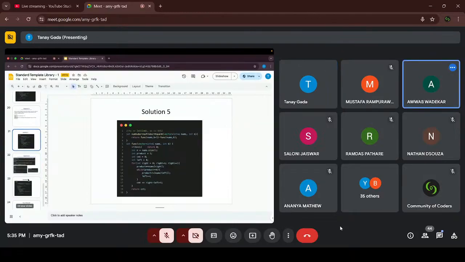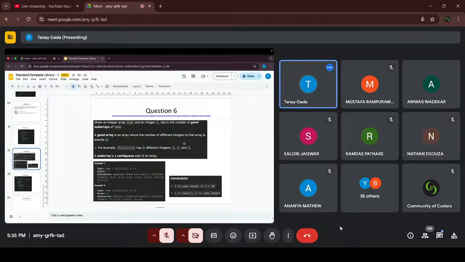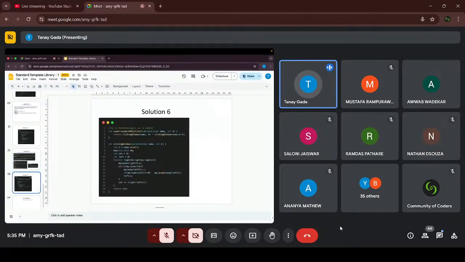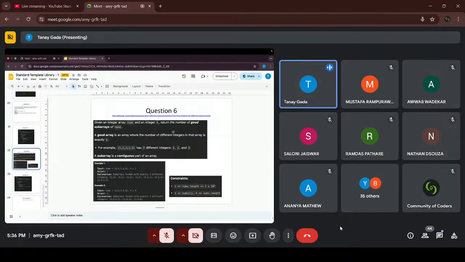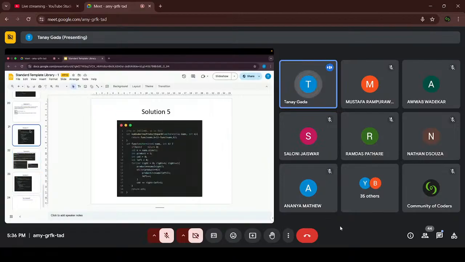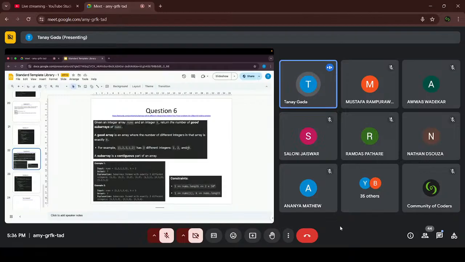So there is one problem. It would be in your assignment too. I have given the code also, but it is similar to the previous question, the fifth question, inclusion exclusion. What is the question? We have a nums array and integer k. We need to find the good subarrays of nums. What is a good subarray?